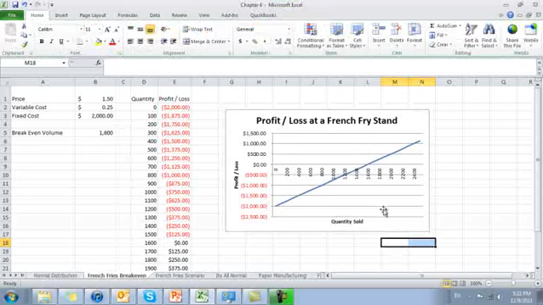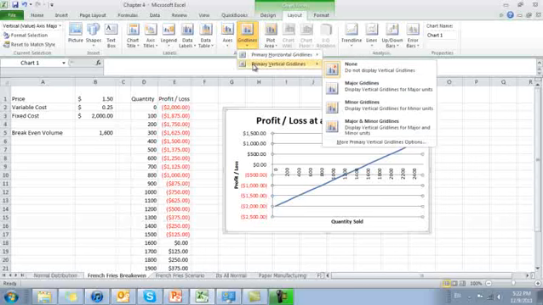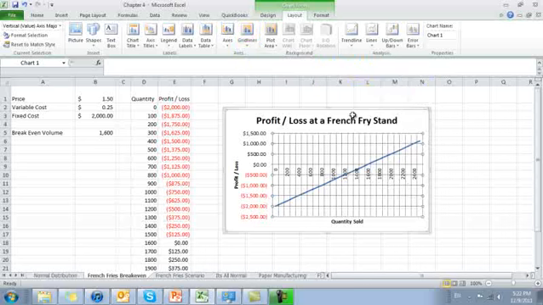Now it's easier to read at least those numbers. There's my profit and loss at the French fry stand. For small volumes, I lose money. For higher volumes other than 16,000, I begin to add money. I can add more to this. For instance, I can add grid lines in this format as well. Nice, clean, exactly where things fit.